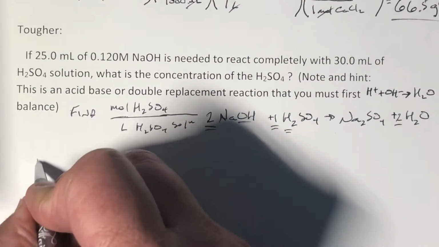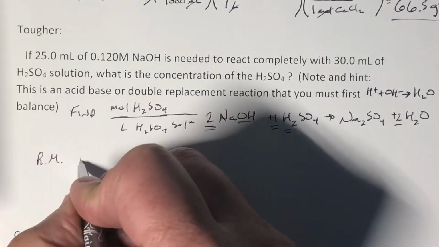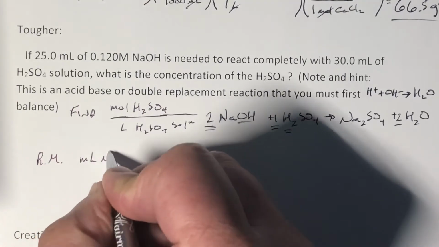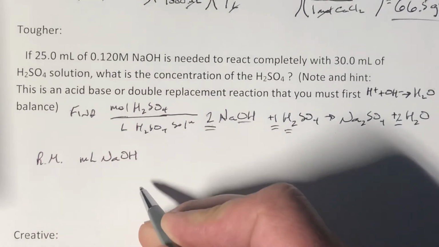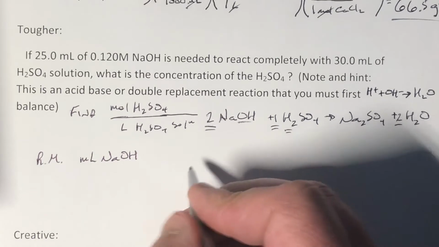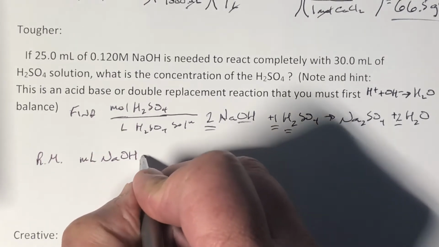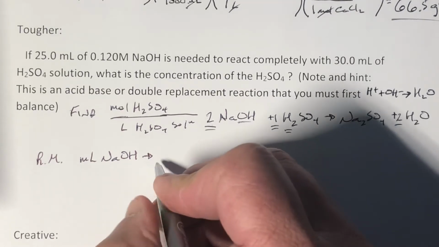Okay, a roadmap for this is going to be that I'll start with the milliliters of sodium hydroxide. In the previous problem, I turned milliliters into liters so that the units matched up with what's in molarity. It is not always necessary to do that. I can let the milli part of the milliliters kind of float.